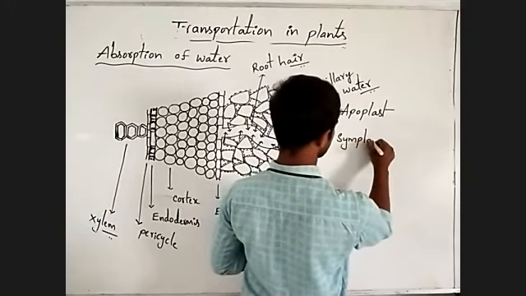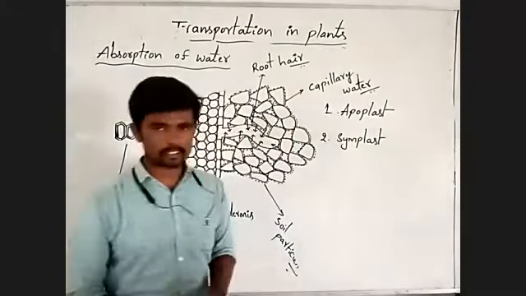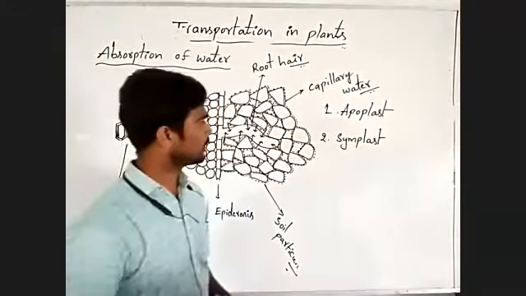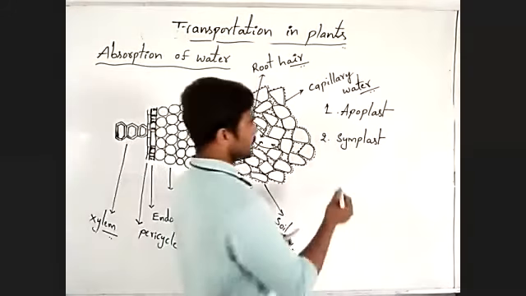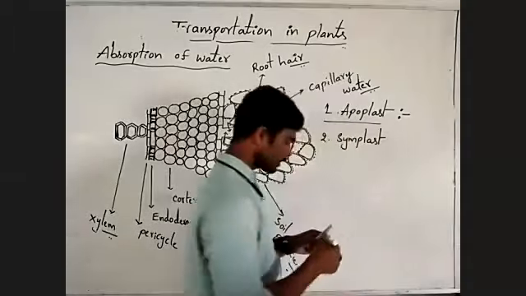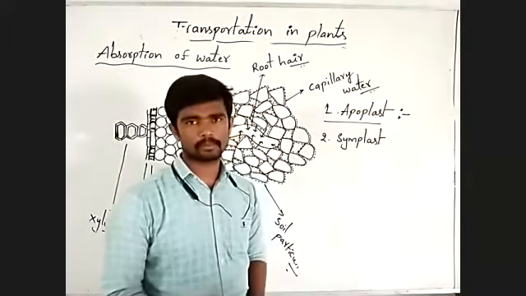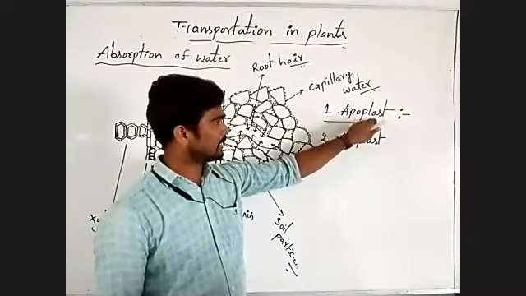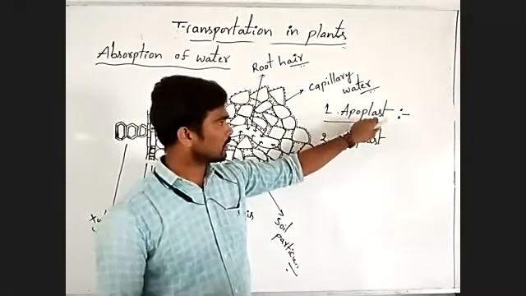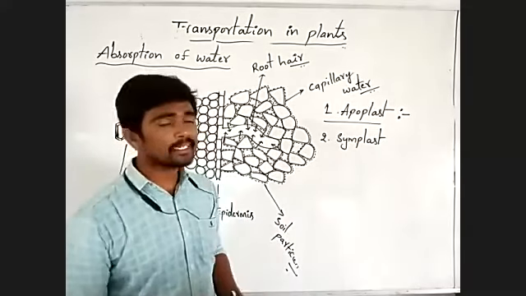Listen carefully. Apoplastic way and symplastic way are pathways. Okay, here apoplast means it is the space, or it is the outer space system.